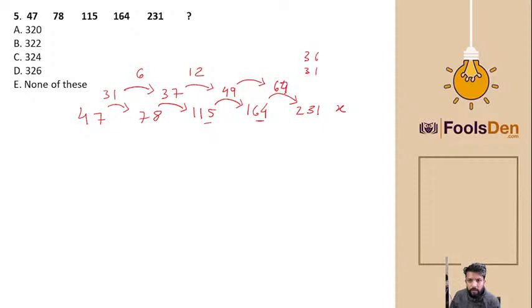Seven only. This is the difference. I think the pattern is 6, 1 times 6, 2 times 6. Right?